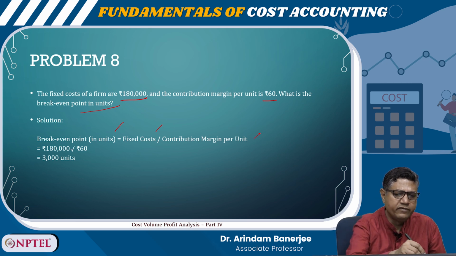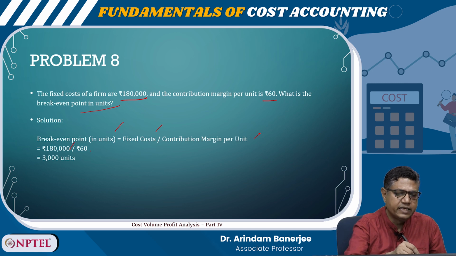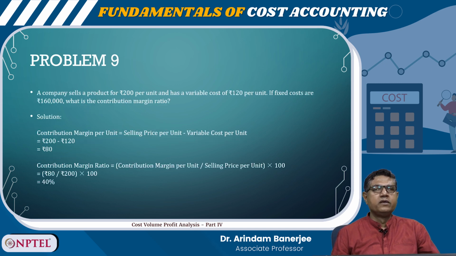Fixed cost is already given, 1,80,000. Contribution margin is already given, 60. So, it is 3,000 units. Now, if you know the selling price, in this question the selling price is not given, and you multiply 3,000 units with the selling price, you can calculate in terms of rupees.